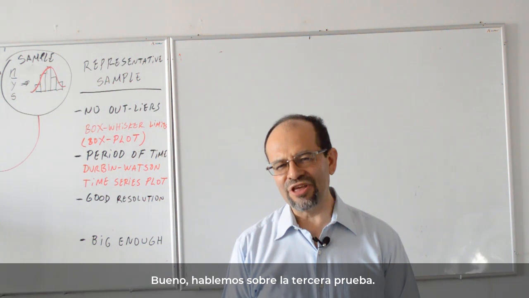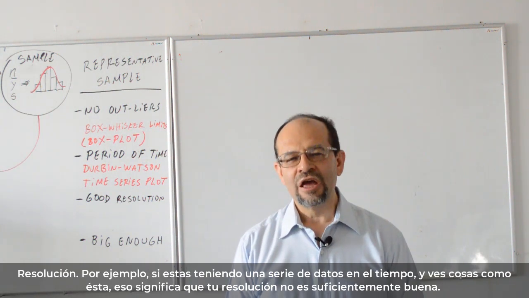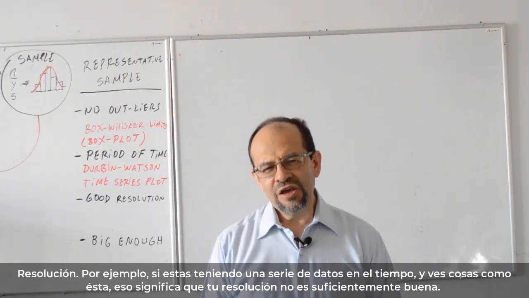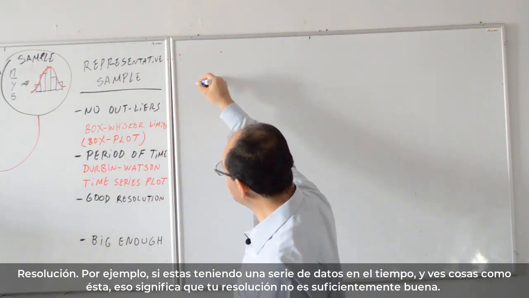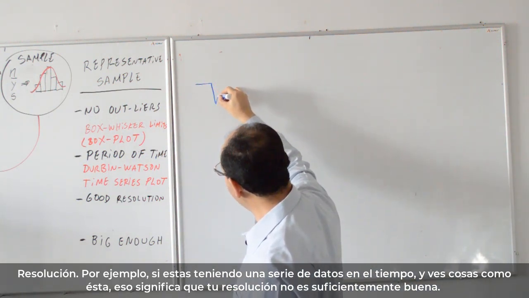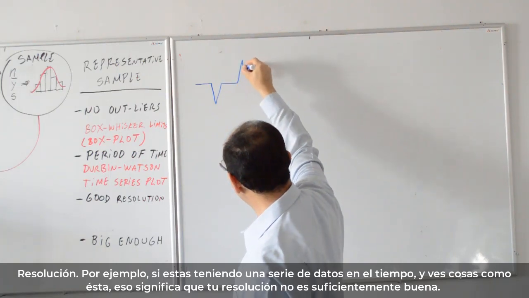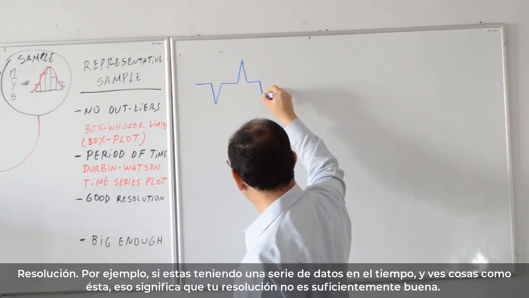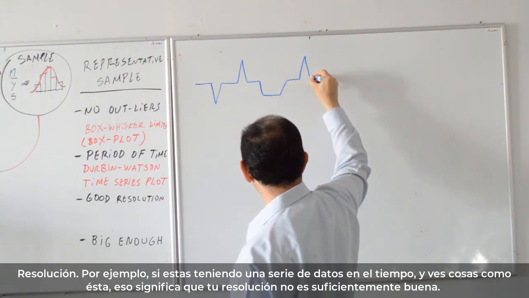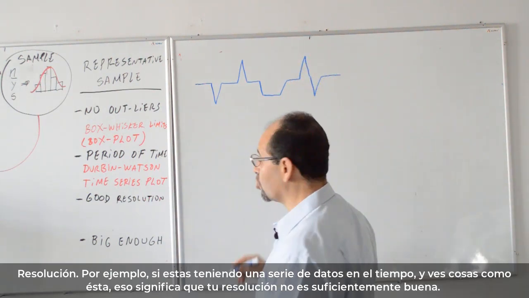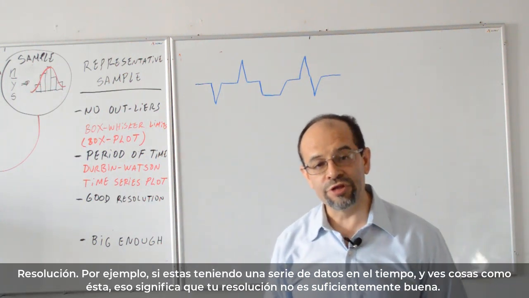Let's talk about the third test, resolution. If you have a time series plot, for instance, and you observe things like this one, that means that your resolution is not good enough.